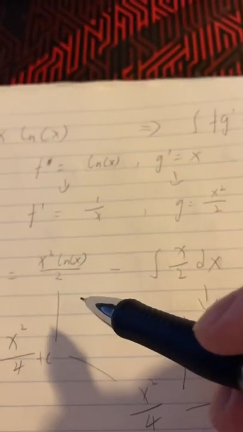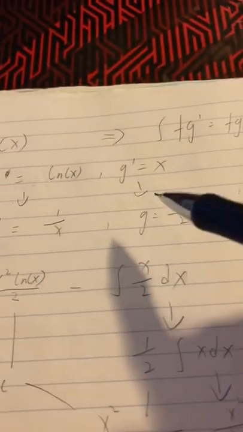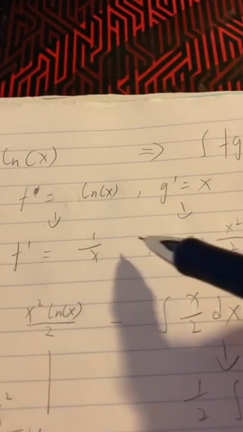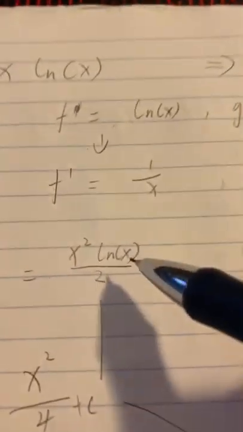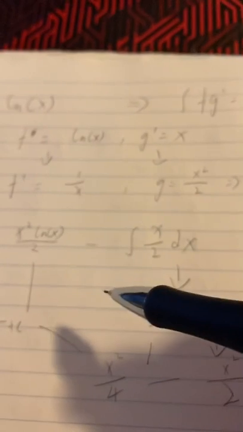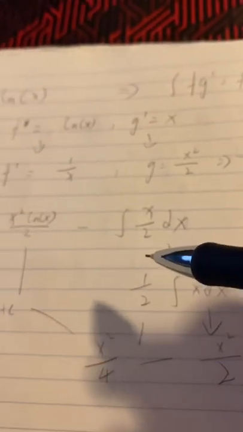We multiply this and simplify like this. So minus the antiderivative of x over 2.